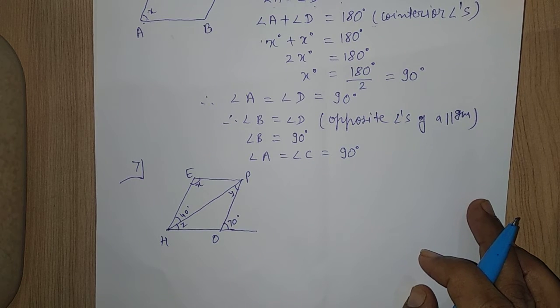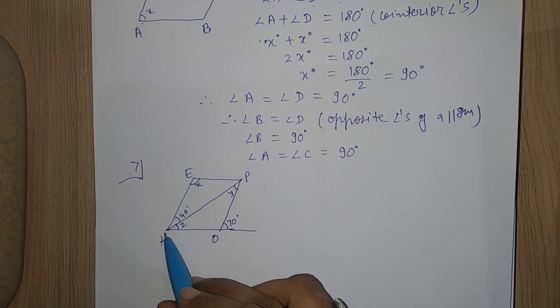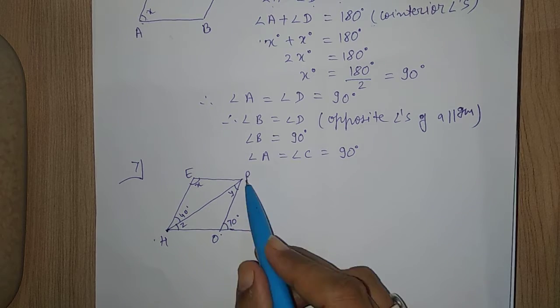Question number 7. Question is, in the adjacent figure, HOPE is a parallelogram. Find the angle measures x, y and z. State the properties you use to find them. So this is a parallelogram HOPE.